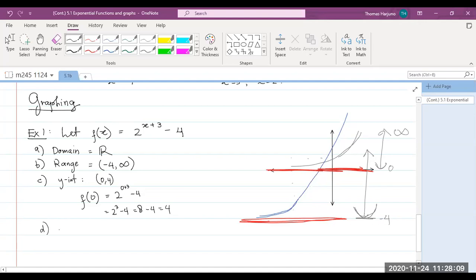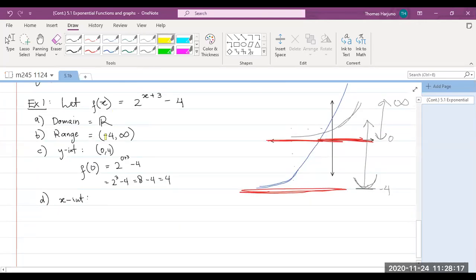Part D, how about the x-intercept? Because the range now includes 0, from -4 to infinity, so there must be an x-intercept where y equals 0. So 4 equals 2 to the x plus 3. 2 squared equals 2 to the x plus 3.